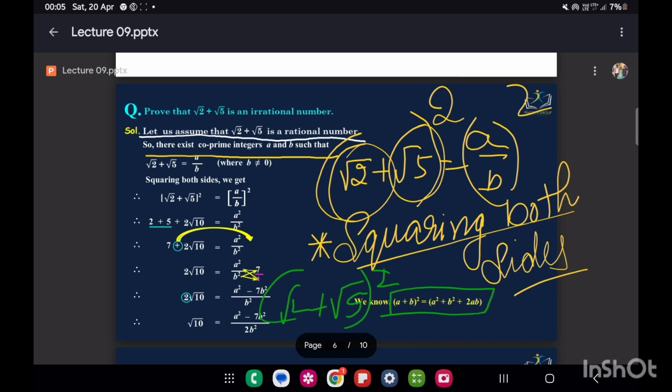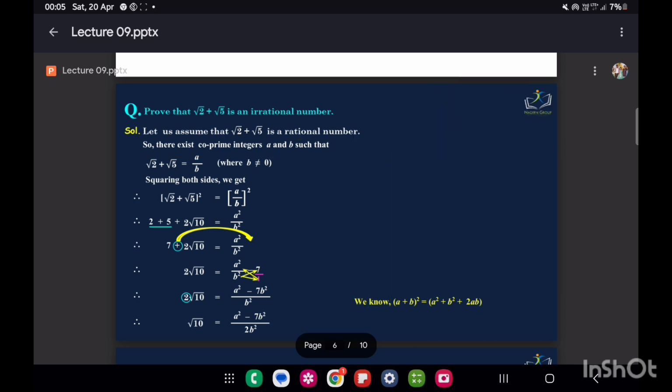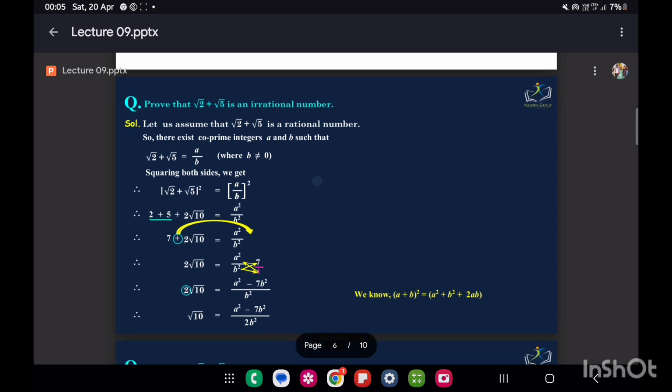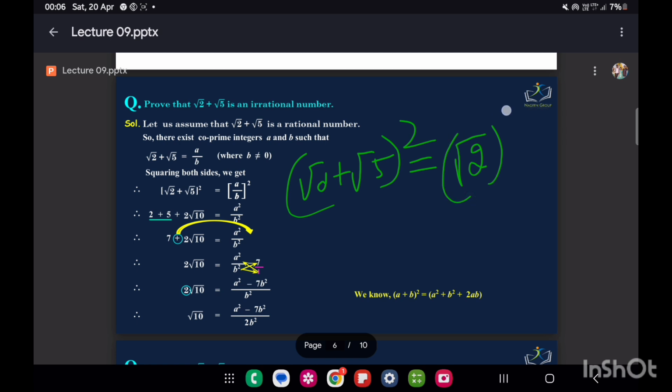Like that, root 2 plus root 5 whole square is equal to root 2 whole square plus root 5 whole square plus 2 into root 2 into root 5.